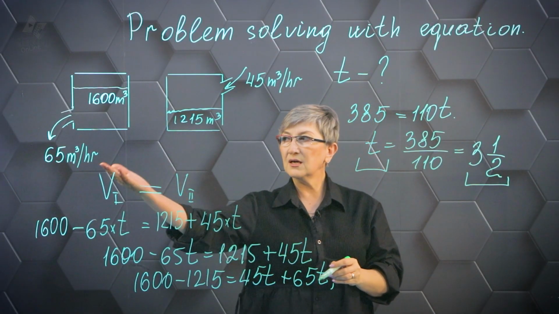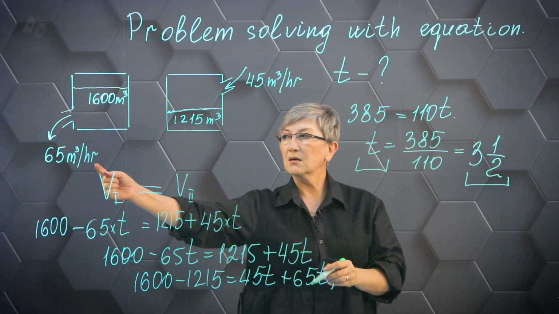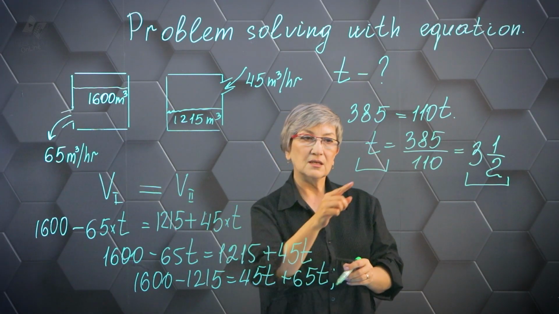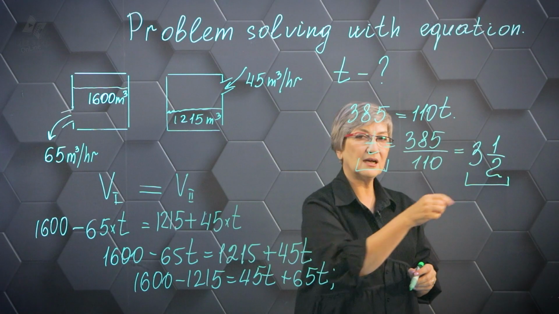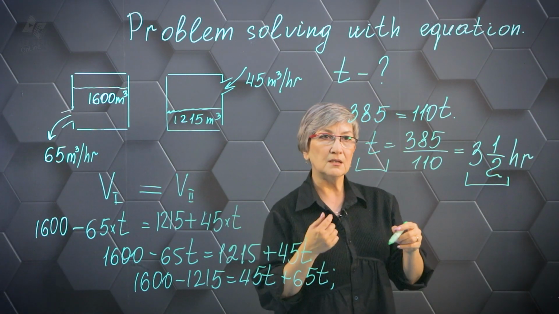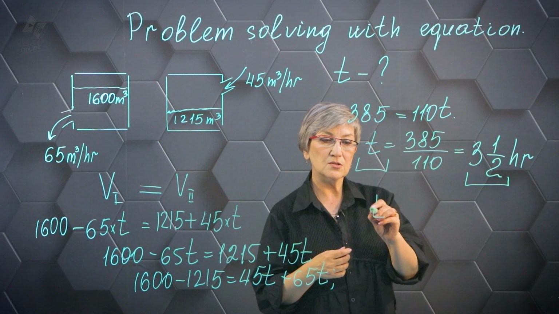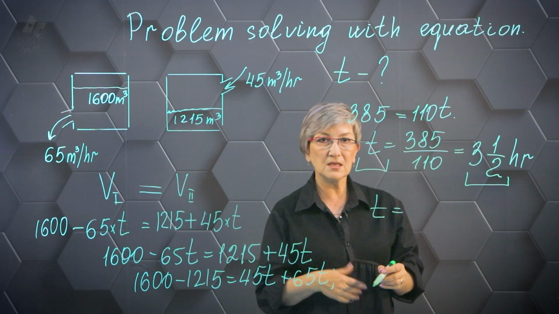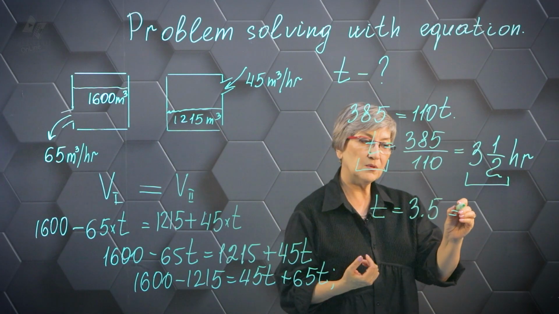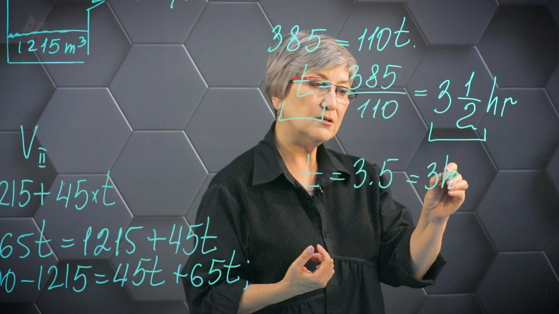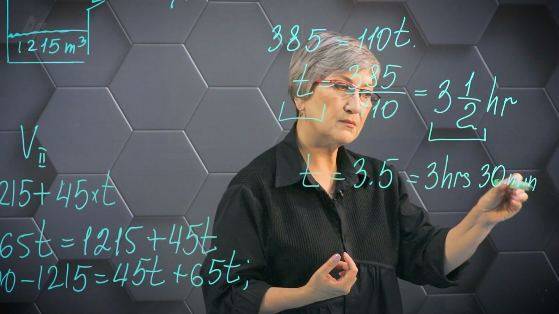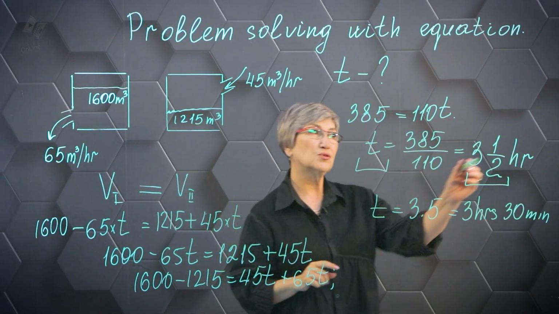If we're talking about the velocity of 65 cubic meters per hour, then the time is 3.5 hours. Or we can say it's 3 hours and 30 minutes. We've solved the problem.